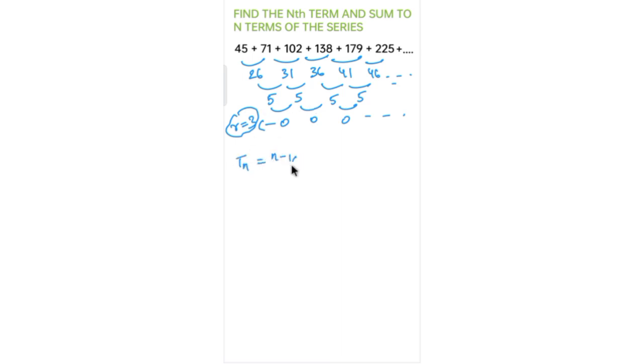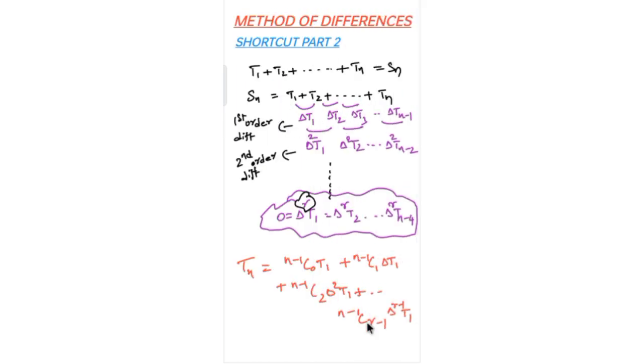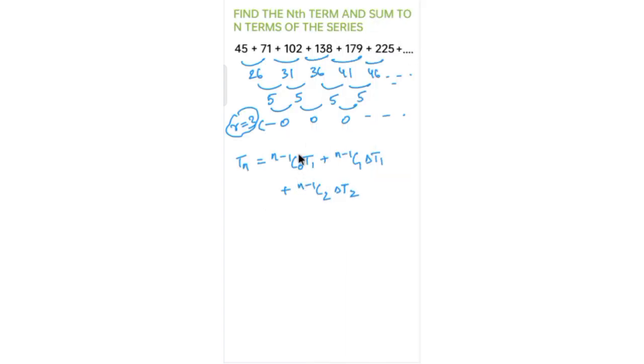As told, n minus 1 C0 T1 plus n minus 1 C1 delta T1 plus n minus 1 C2 delta square T1. I just need to write till r minus 1, and my r is 3 in this case, so 3 minus 1 is 2. So I stop here. Sorry for the mistake.